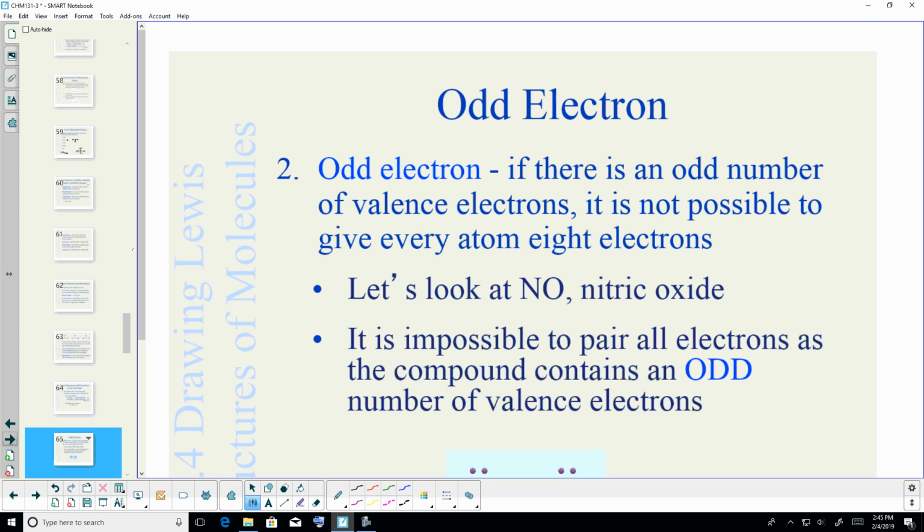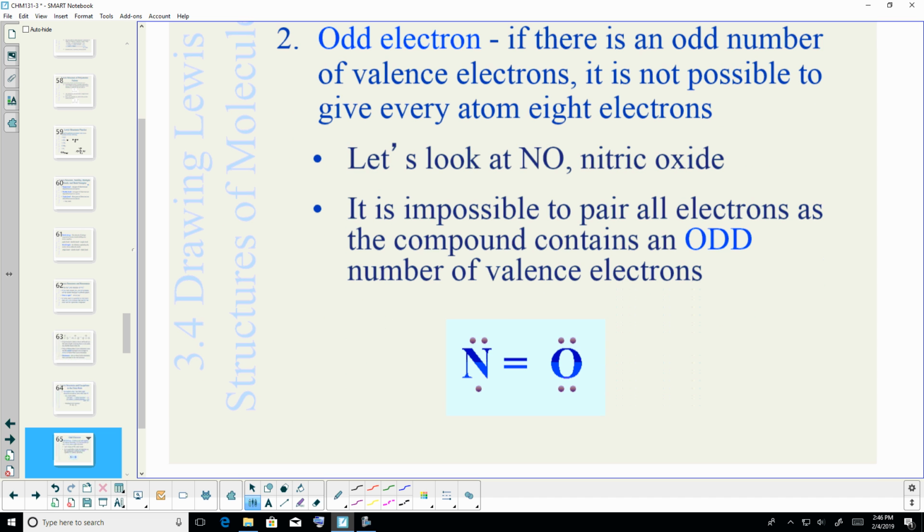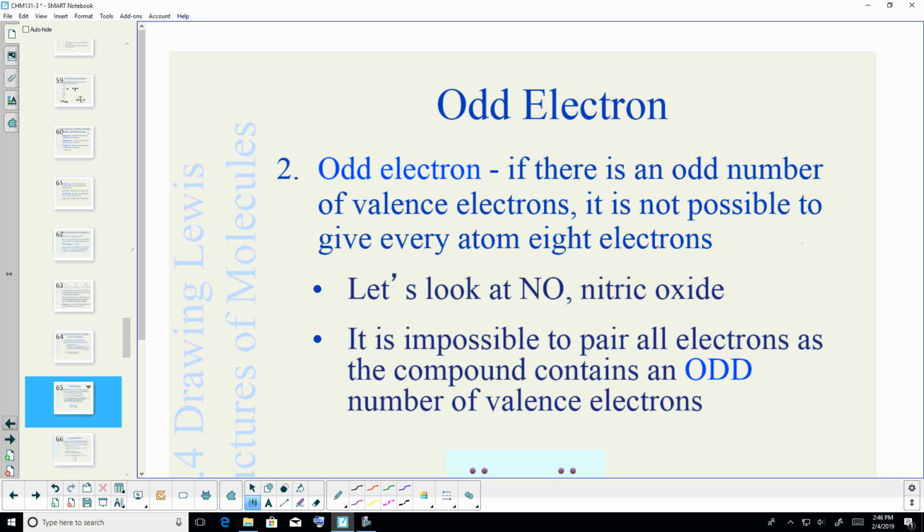Odd electron. Nitric oxide. Oxygen's 6, nitrogen's 5. That gives you 11. So you can't pair them because you can't pair an odd number. So that's what it looks like. Well, go back to that a minute again.